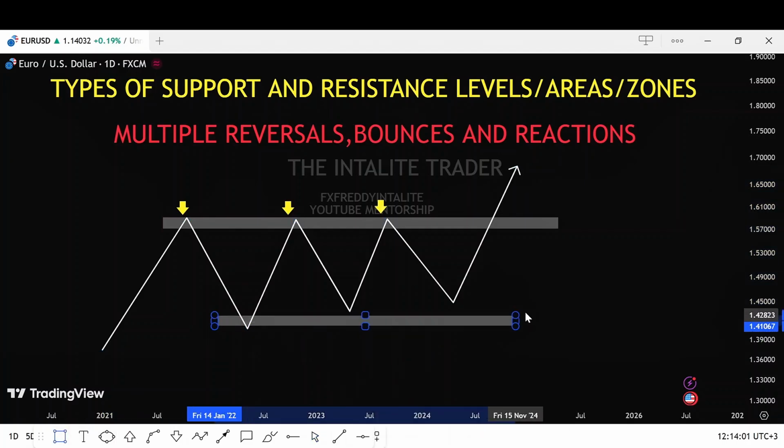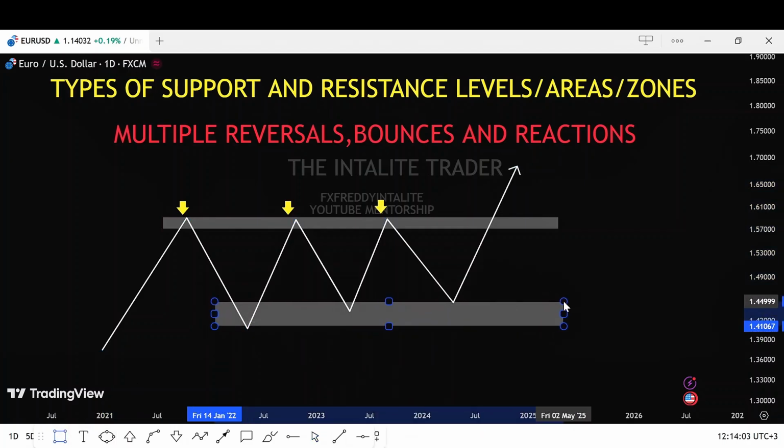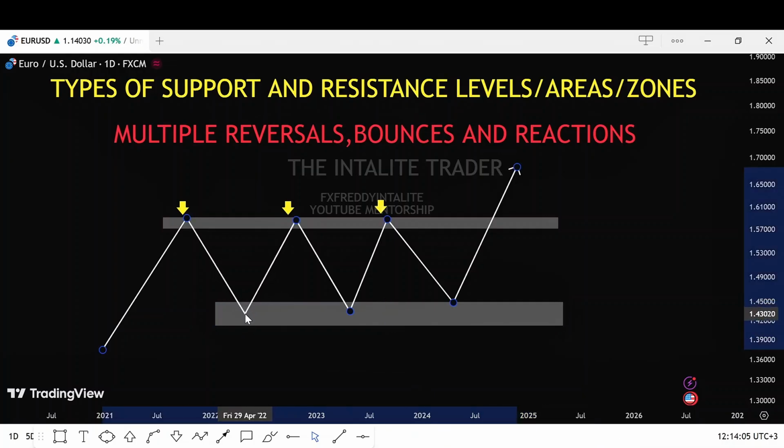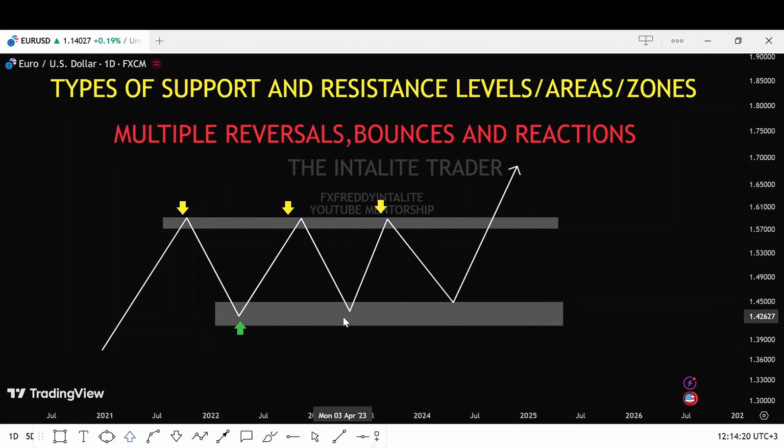So we see here price respected this level. We see each time price comes into it, sellers close their positions, buyers open positions. Same thing applies to this.